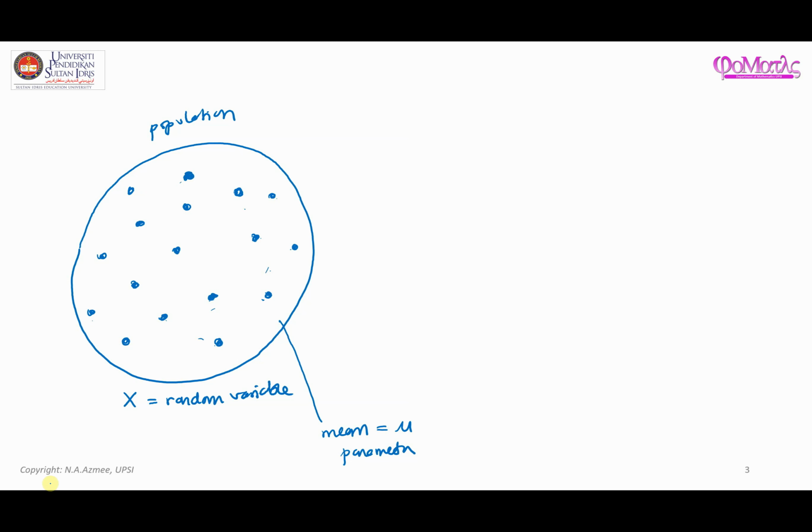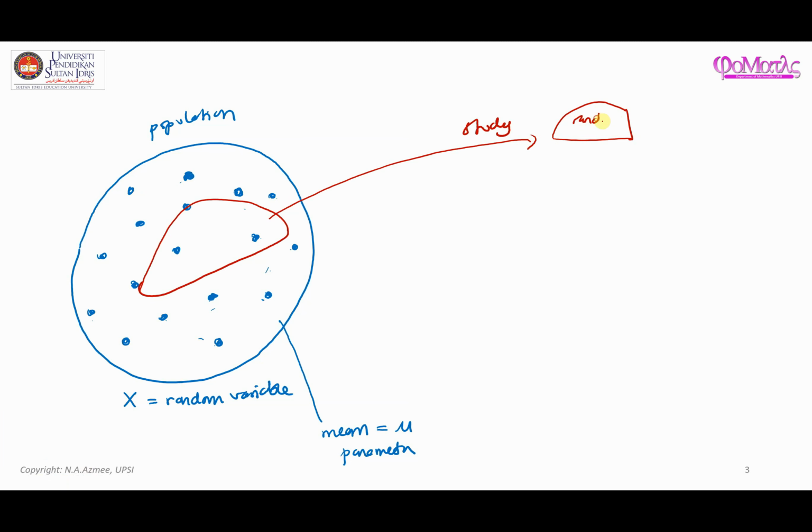So what we do is we take a sample, and we study this random sample. Here there are values inside this sample. If you calculate the mean based on these values, the mean here is going to be called a statistic, and it is given this symbol. So here is a statistic.